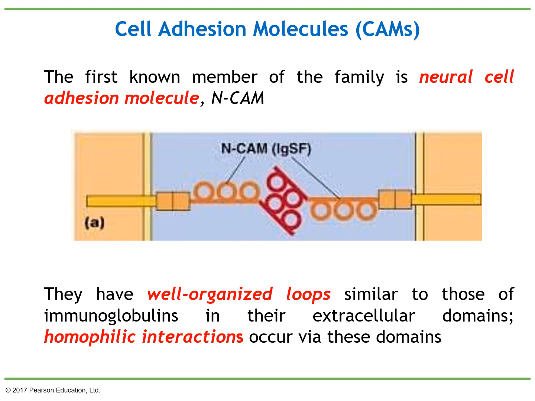So here you have, for example, this neural cell adhesion molecule, which you can see is homotypic. So this one is the same as the other one. And here you see that they have these well-organized loops. This is not the type of loops that we will talk about later, found in the tight junctions.